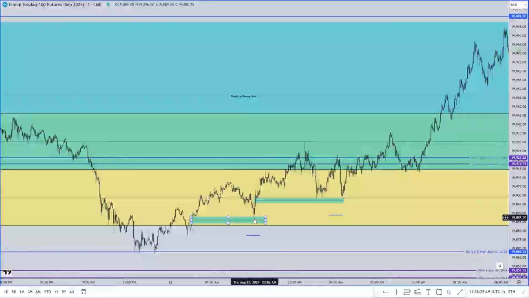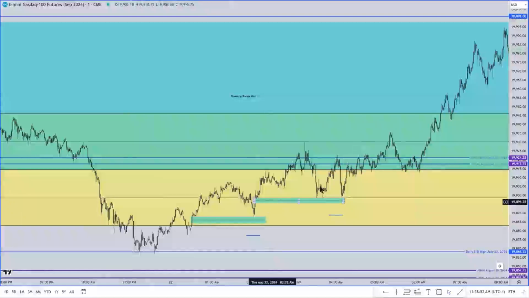What time, Dave, are these setups for me? The macro times that I said. So you're seeing the lower quadrant of the old stale daily volume imbalance.